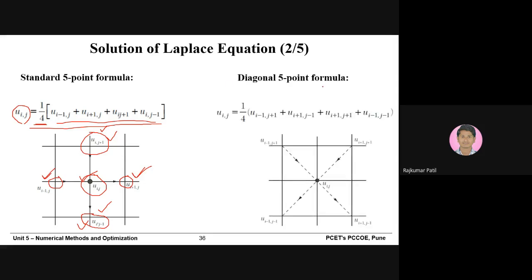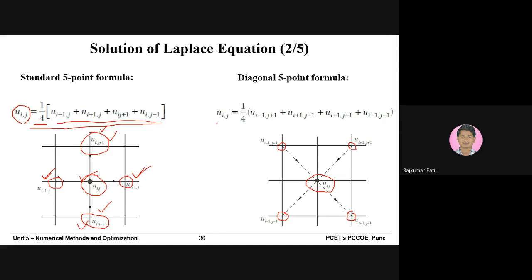In the case of the diagonal 5-point formula, if we want to calculate Uij, then we take the diagonal points. You can see here we are taking the average of the diagonal points.